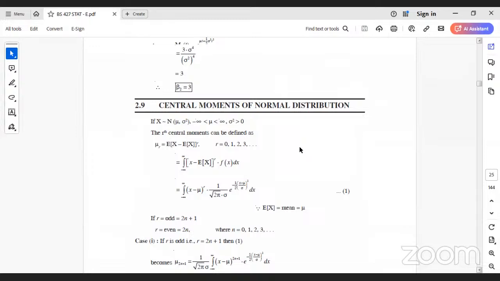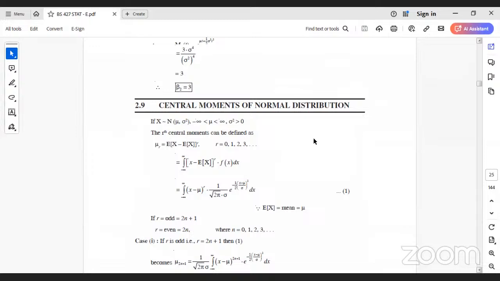So it is equal to integration from minus infinity to infinity of (x - E(x)) whole power r into f(x) dx, that is, integration from minus infinity to infinity of (x - mu) whole power r, where f(x) is 1 by root 2 pi sigma e power minus 1 by 2 ((x - mu) by sigma) whole square dx.